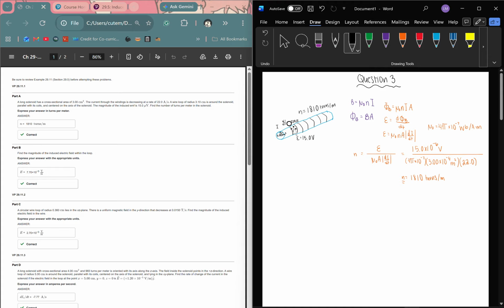So we're trying to find the magnitude of the induced electric field in the loop. This is going to be my best drawing, based off of this.